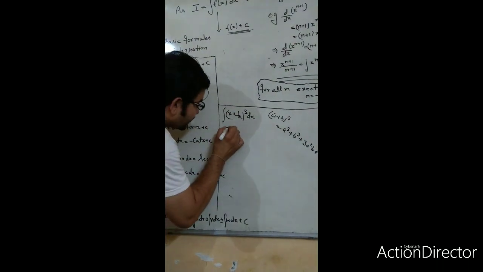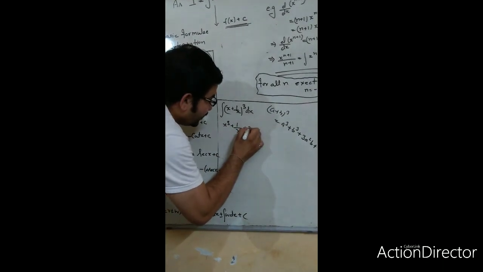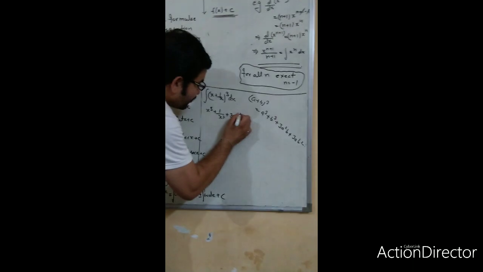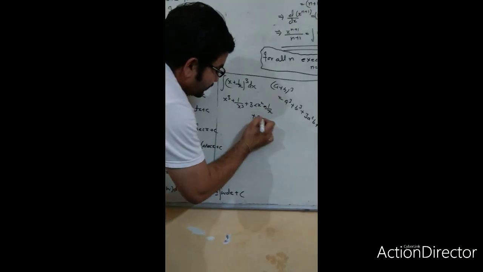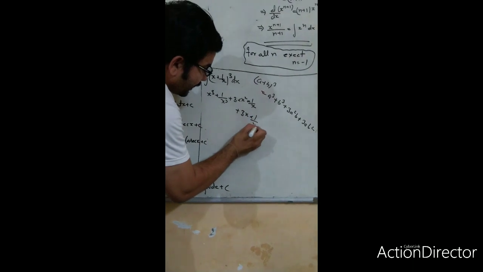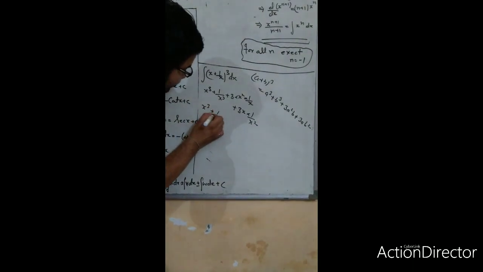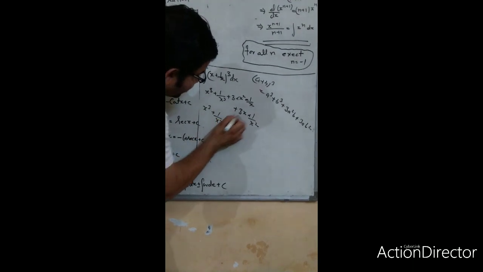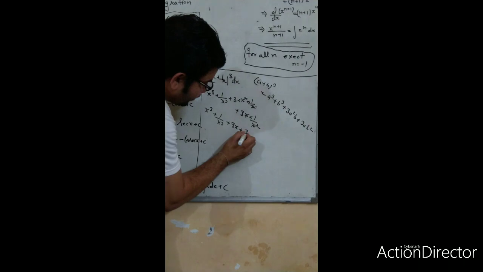So a cube means x cube, 1 upon x cube is b cube, plus 3 a square b, that means x square into b, as usual, plus 3 x as it is into 1 upon x square. Now solve it. x cube plus 1 upon x cube, plus x into x cancels out, 3 x, plus x square cancels out, 3 upon x. This is the answer.